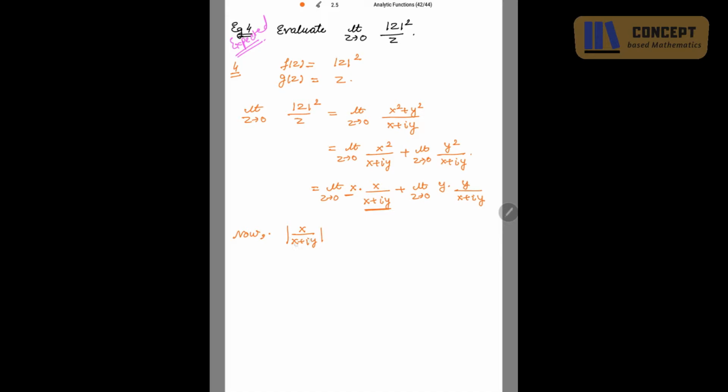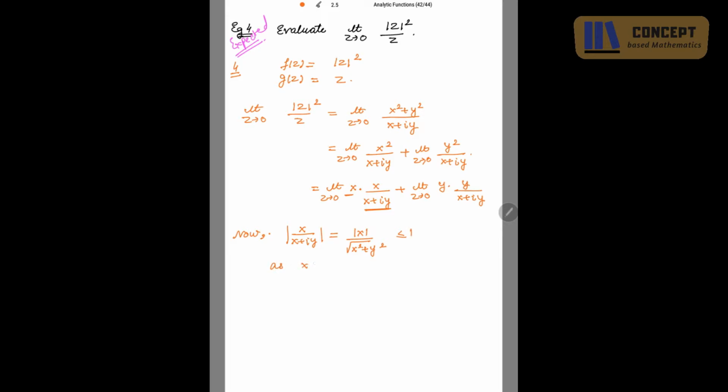So I am considering the second function and I have to prove that this function is a bounded one. So mod of x over x plus iota y is equal to mod of x over root of x square plus y square, which is less than or equal to 1. Why?